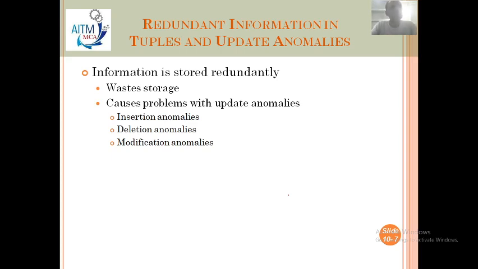Due to this, there is a wastage of space. Why do we need the same employee information again and again? It is not necessary, right? It is a waste of space, waste of time, waste of money, etc. And it causes problems with update anomalies.